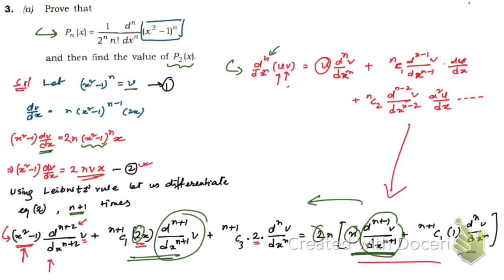And from these two terms, we can take this common, and also we can take 2 common, right? So let's do so. Just let me take another slide. Okay, so here you see what we will get after simplification.